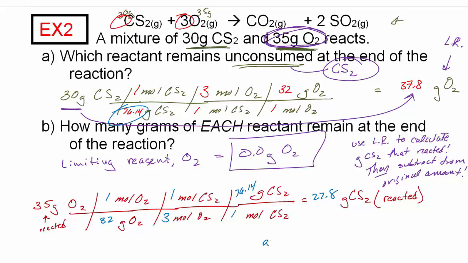So the amount left over is going to be the original, which is 30, minus 27.8. About 2.2. That's going to be the amount that's left over.